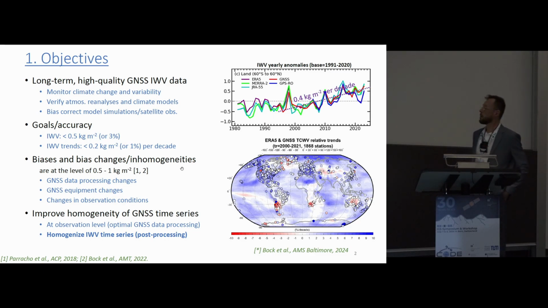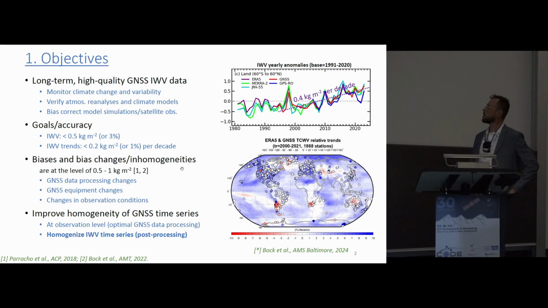Okay, so there is high interest in long-term, high-quality GNSS integrated water vapor data for monitoring climate change and variability, verifying atmospheric reanalyses and climate models, and also for bias-correcting model simulations and satellite observations. On the top right plot, you can see IWV yearly mean anomalies, global average over land, from three reanalyses, ground-based GNSS in red and GPS radio occultation in blue.